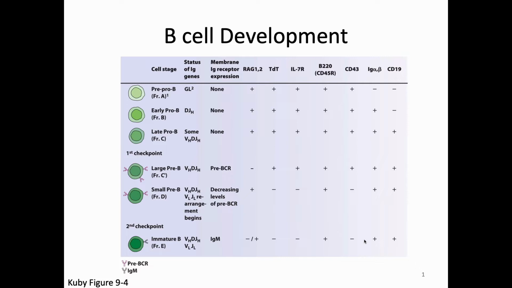Last time, we talked about these stages of B cell development. Specifically, we saw the 3 stages of the pro-B cell, the pre-B cell, and the immature B cell.